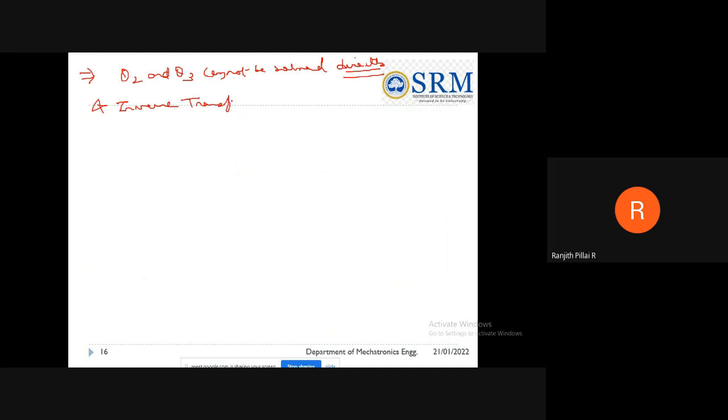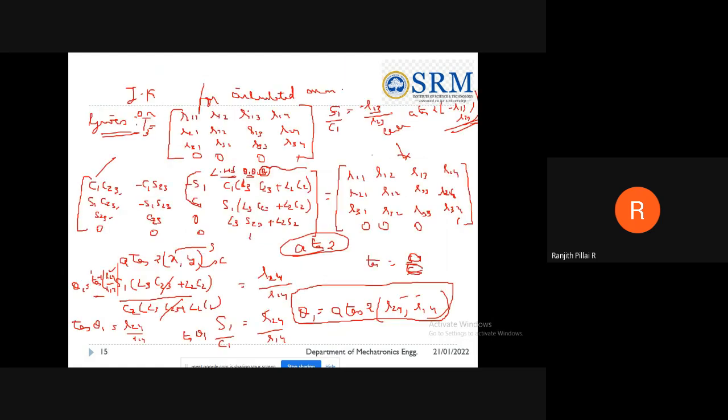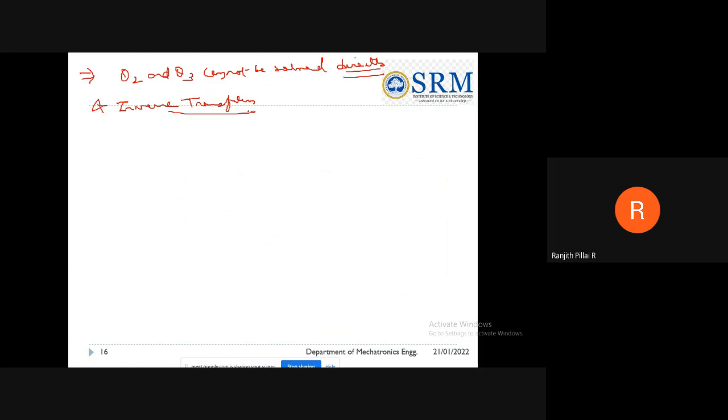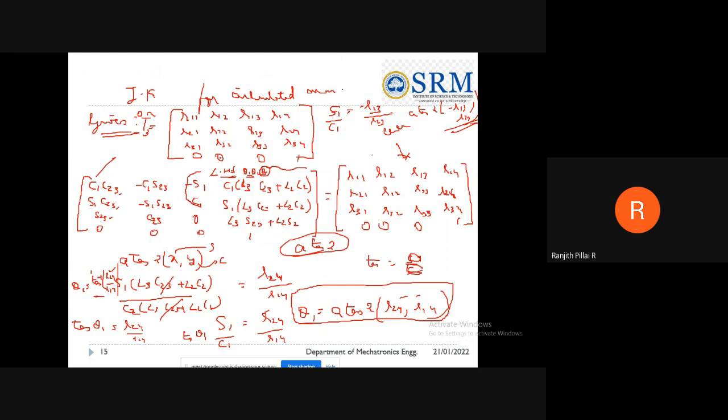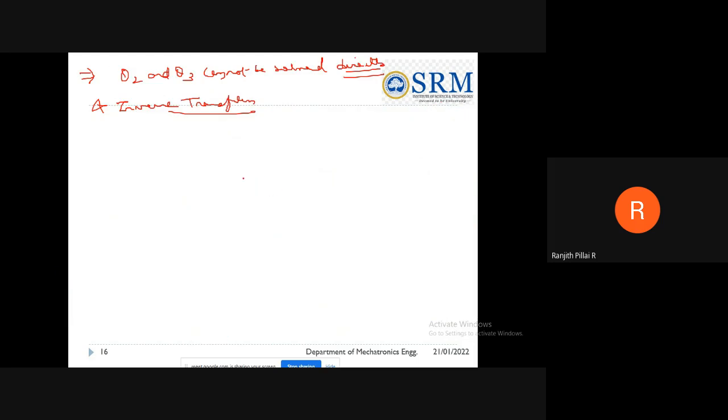So can't we eliminate theta 2? Anything, theta 2 or theta 3, whichever it be. Okay, sir, now how do I do that? The matrix which I got here is a combination of three matrices, and this is my final matrix T. So I'll put it this way: I have my T1 with respect to 0 into the others, which is equal to T. What is T?